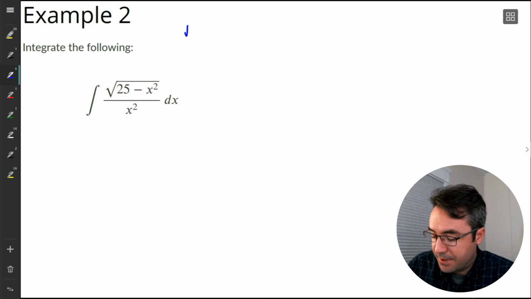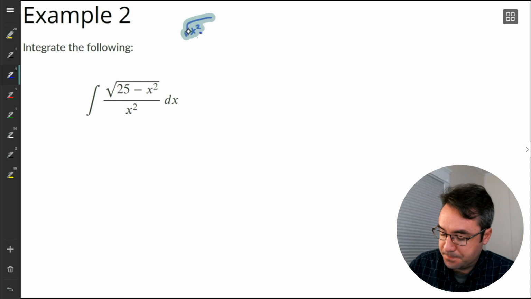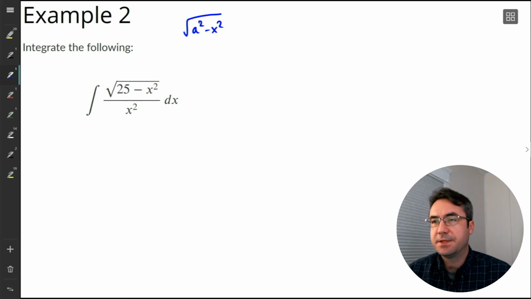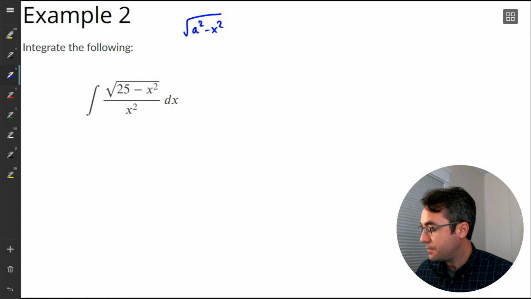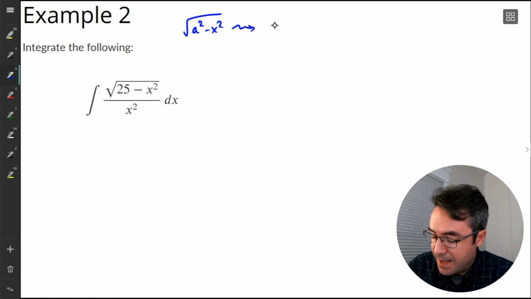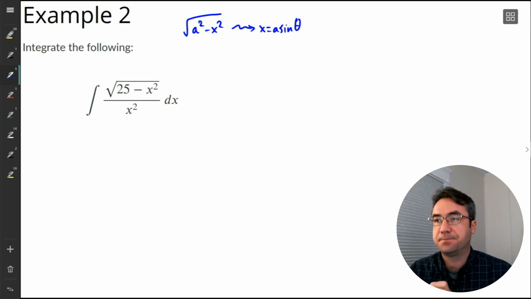We see a squared minus x squared, so we have an expression of that format. And when we see something of that form, this is where we let x equal a times sine of theta. So that's what we're going to do here.